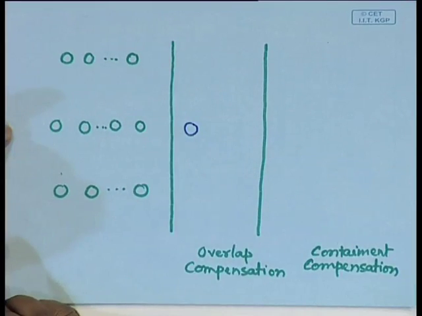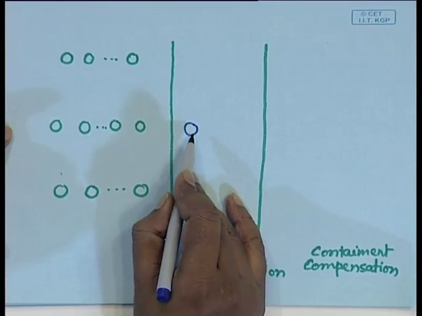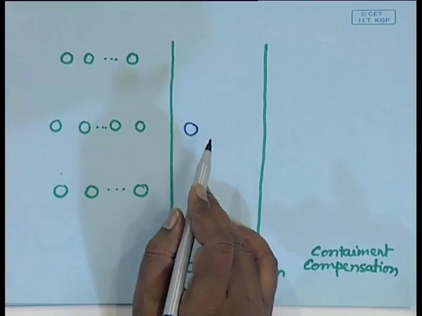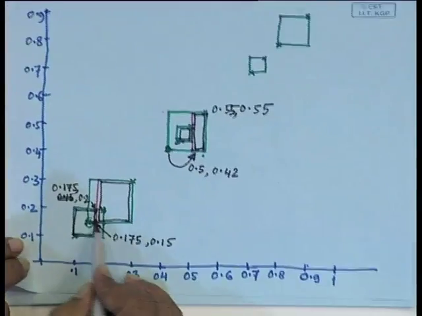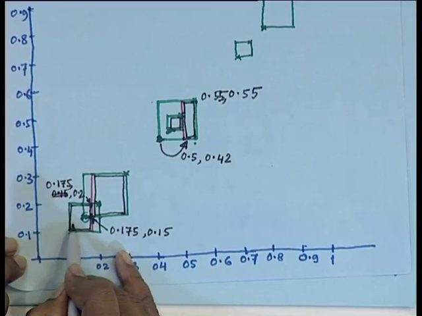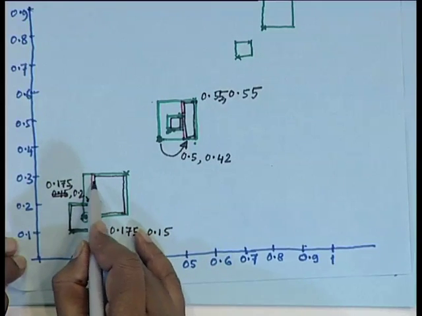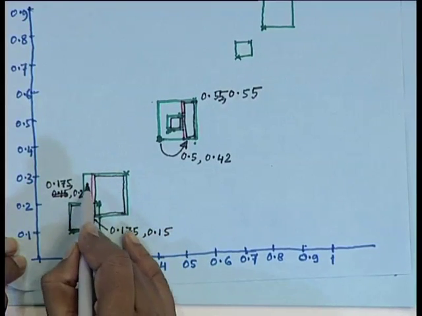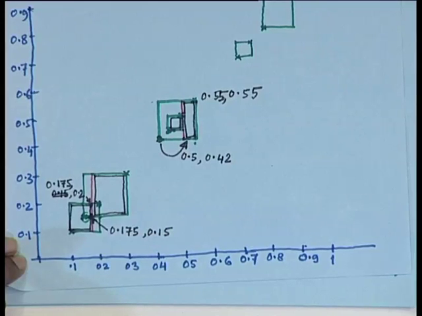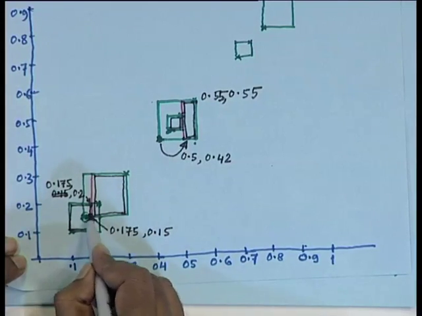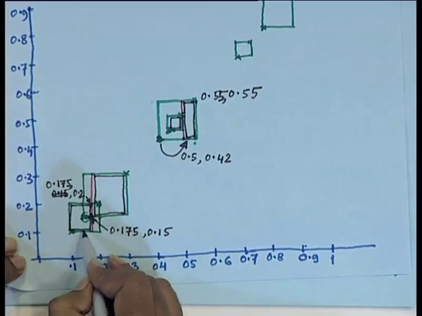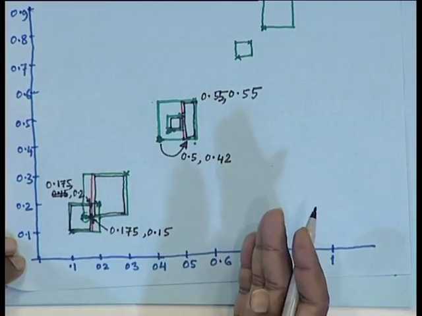And this new node will give one compensation to the classifying neuron corresponding to this hyperbox and another compensation to the classifying neuron corresponding to this hyperbox. Because I cannot grade the membership of only one hyperbox, I have to grade the membership of both the hyperboxes.